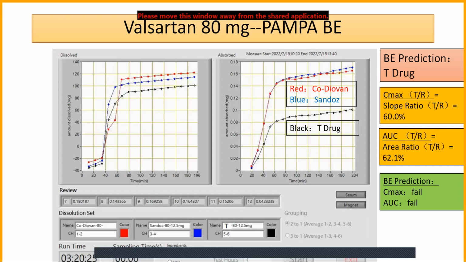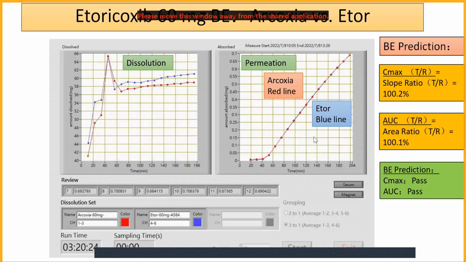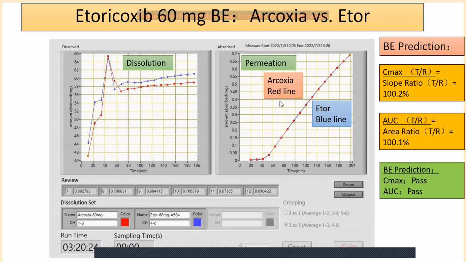The last one is etoricoxib 60 milligram. In this case, we see the result like this. You can barely see the difference between the brand Arcoxia versus Atol, which is the generic drug.